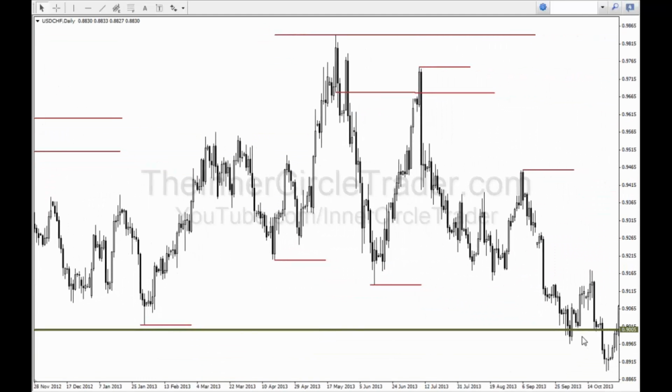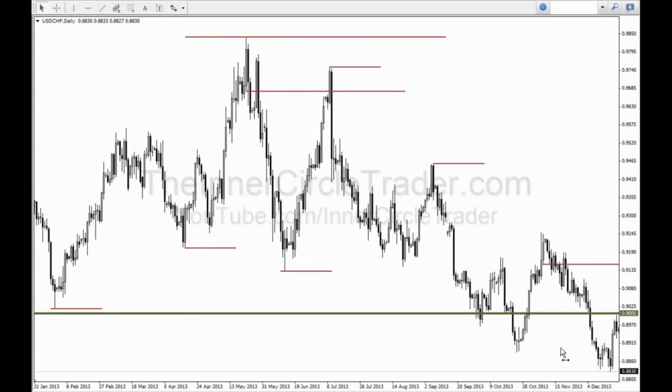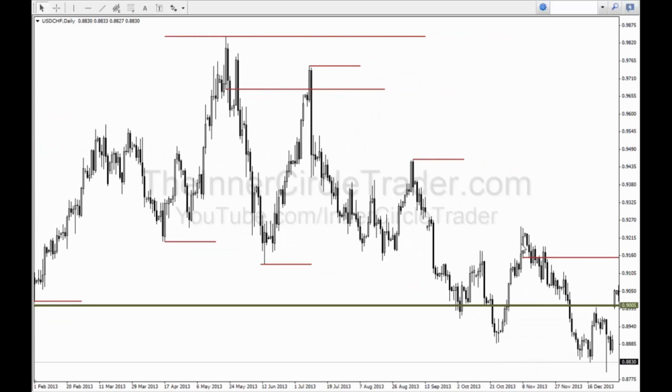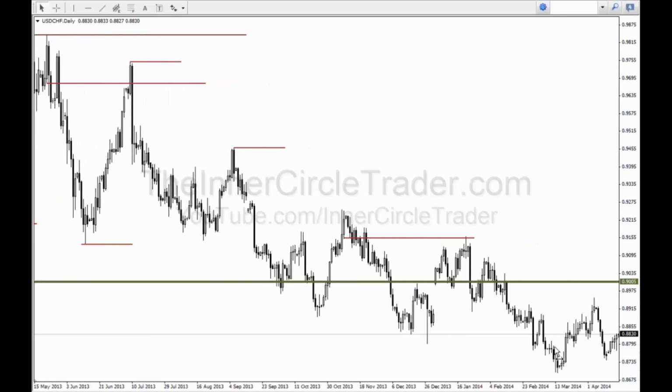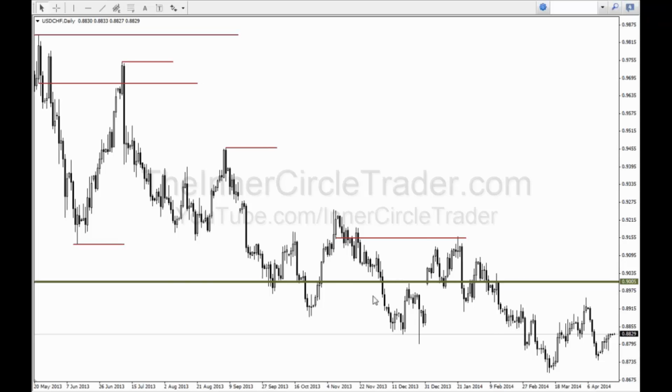Price eventually comes down to that range. Okay, breaks it a little bit, but look what it does. It trades deep back into the range again. Sweeps below it again. Works it a couple times, but then eventually moves outside of the range. But look how long it took to get outside of that range. A very long time.